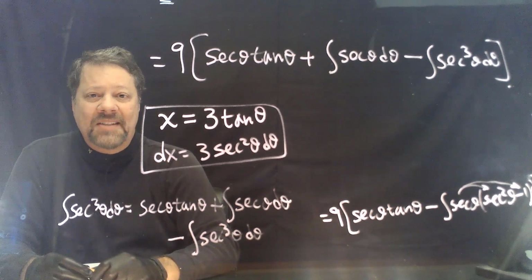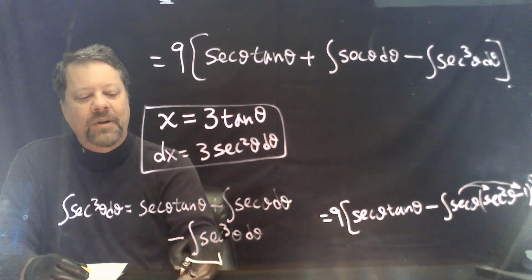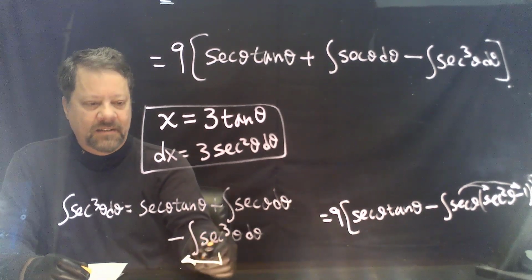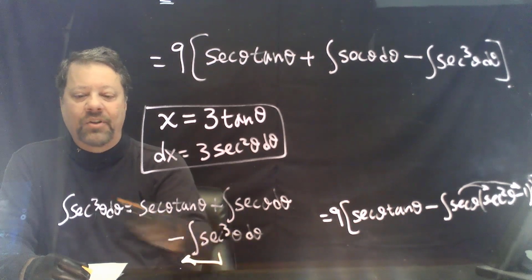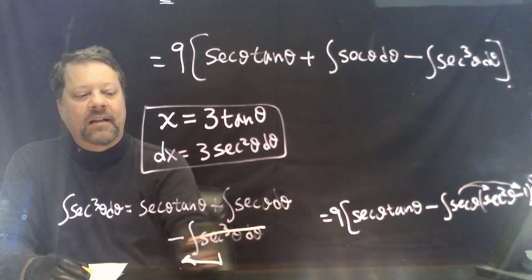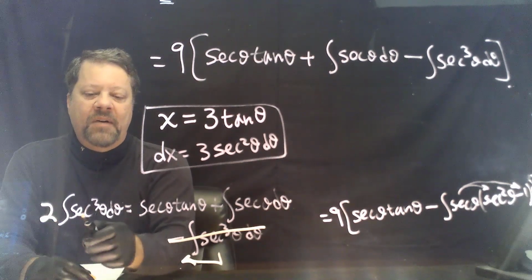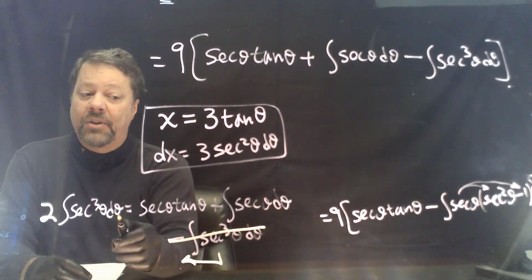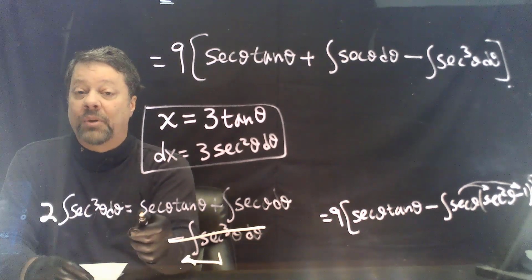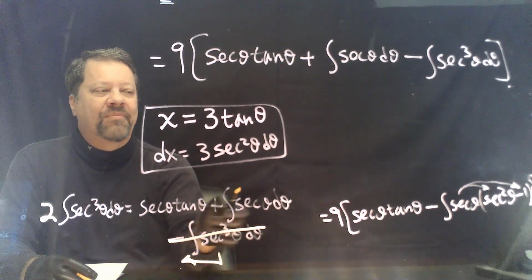This is one of those cases where you need to move one term to the other side. If I bring a negative secant cubed to the other side, I'll end up with 2 of these. I'm trying to figure out the integral of secant cubed. All I have to do is multiply both sides by 1/2.